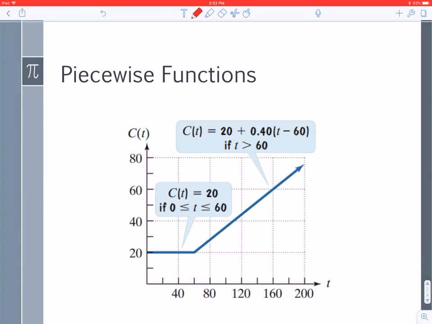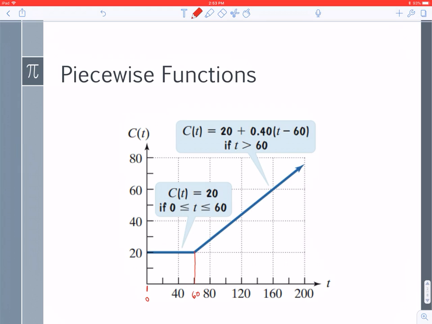The graph of this function looks like this. For the first 60 minutes, or from 0 to 60 in my domain, my function is a constant function. It's flat. So it doesn't matter if I use 0 minutes or 60 minutes, I'm going to get charged $20.